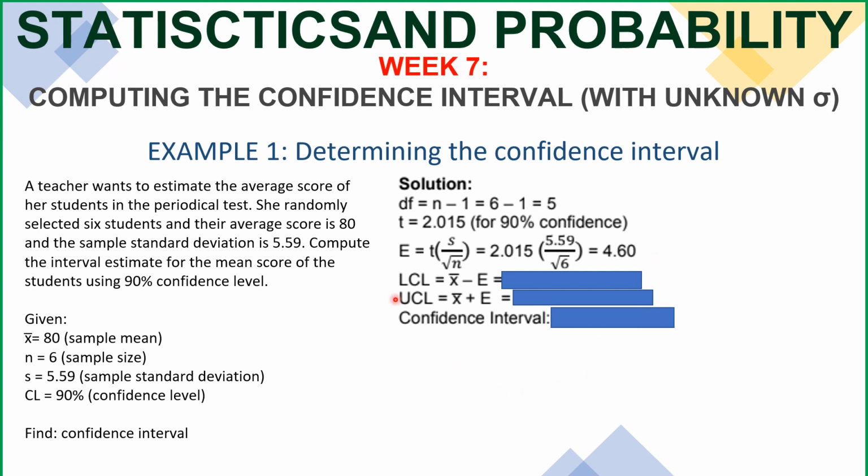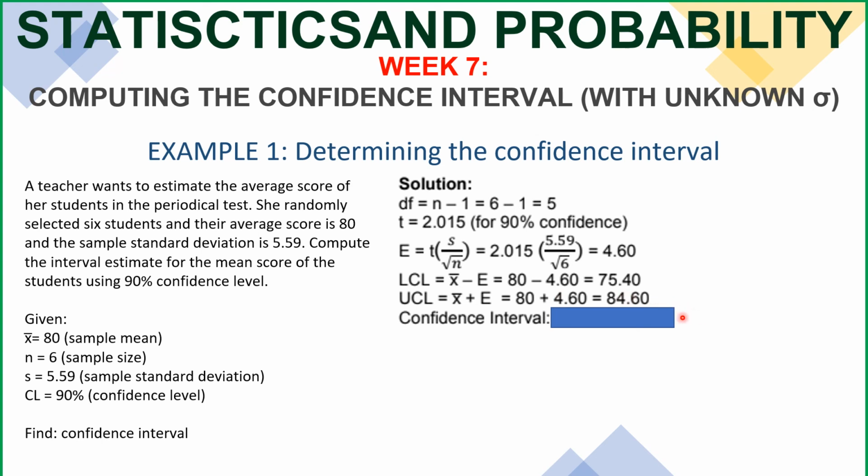So, let us compute for the lower confidence limit. We have mean minus E, or the sample mean minus the margin of error. So, we have 80 minus 4.60. That is 75.40. How about the upper confidence limit? So, 80 plus 4.60, we have 84.60.